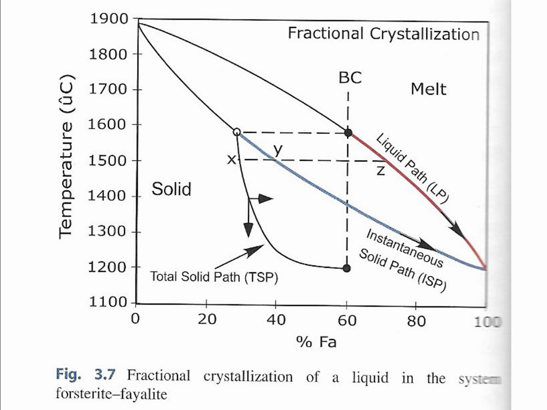But while we are cooling down the melt along the liquid path, we are always changing the magnesium-iron ratio in this melt, because here we have already removed this olivine crystal. So then we are coming here, going there, and we are forming the next olivine crystals, which are then already more iron rich. Do you understand this? Yes, I think so.